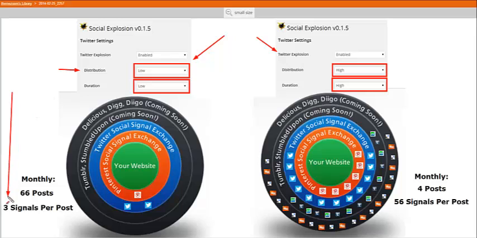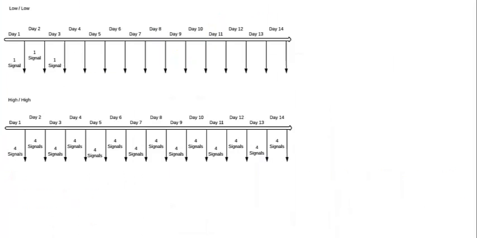And you can also see over on the timeline that what happens is the duration is for 3 days, an average of 3 days, and you're going to get an average of 1 signal per day. So in other words, the distribution, when it's set to low, is 1 signal per day. And the duration, when it's set to low, is 1 signal per day. Gotcha.